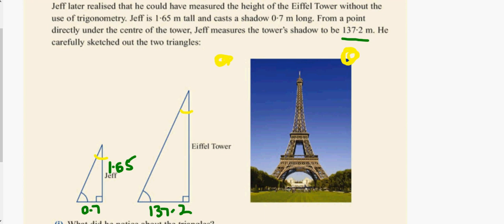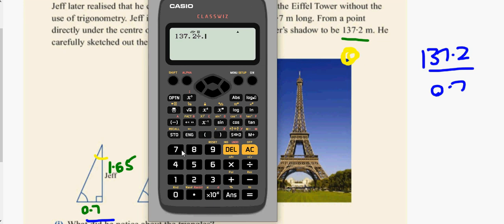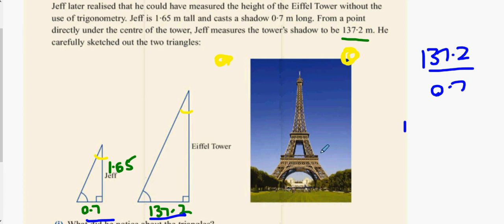So what we do is we say these two correspond to each other. So we say 137.2, the Eiffel Tower shadow, divided by Jeff's shadow, is 196. So the big triangle, the Eiffel Tower, is 196 times bigger than Jeff.